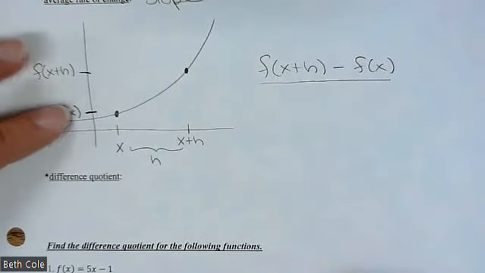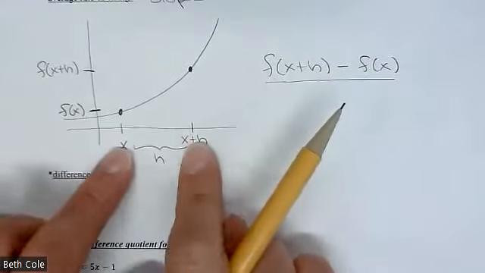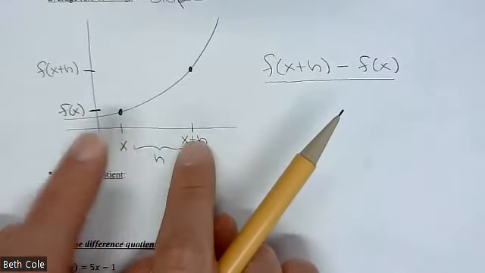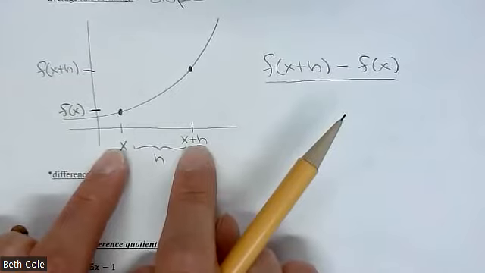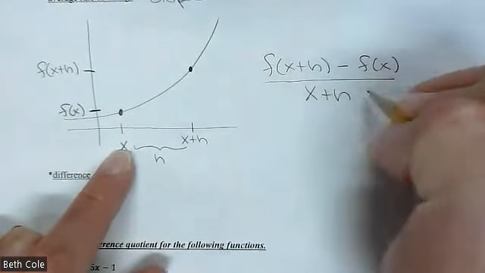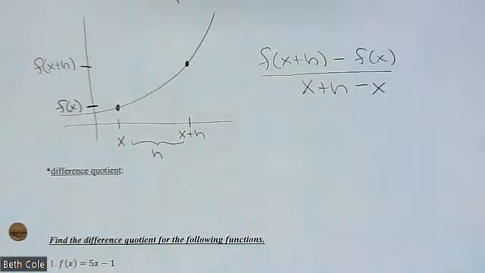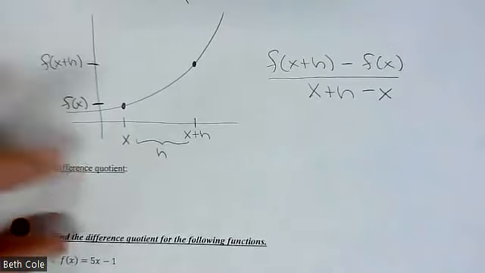And then on the bottom of the fraction, we're going to subtract X plus H minus X. And one thing is going to simplify there. And that's what we're going to put down here for our difference quotient.